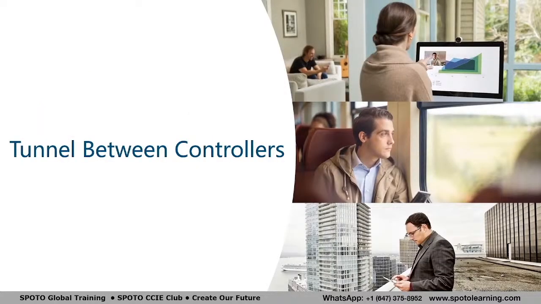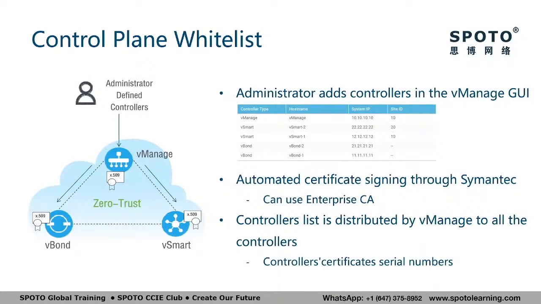Next, let's have a look at the tunnel between controllers. This is about how the controller and the vEdge communicate with each other. Cisco SD-WAN solution is basically a whitelist model, a whitelist architecture. It's a zero trust model.